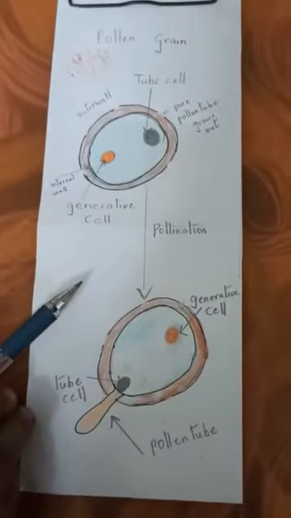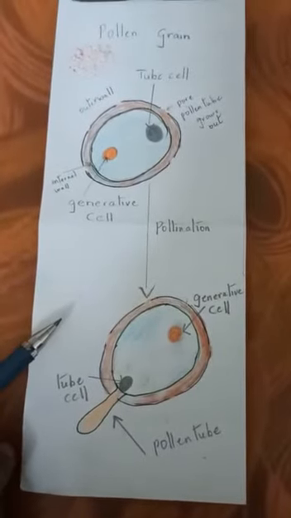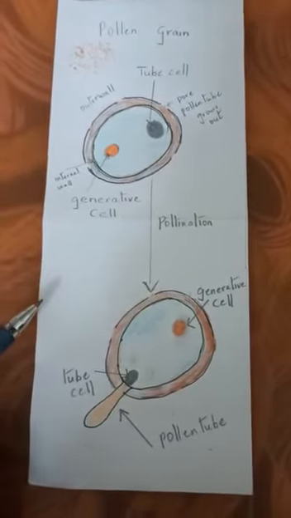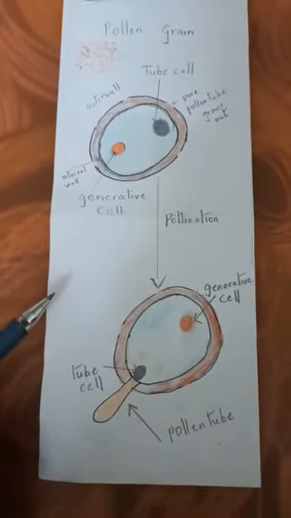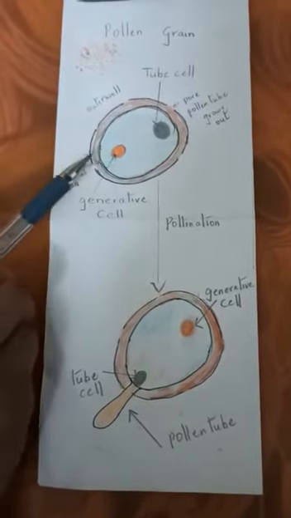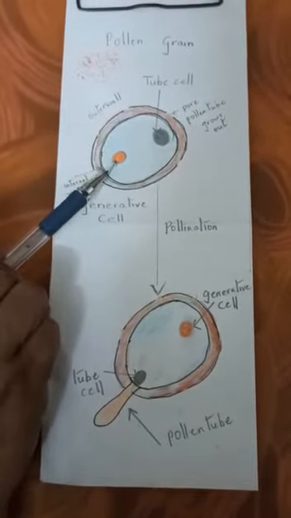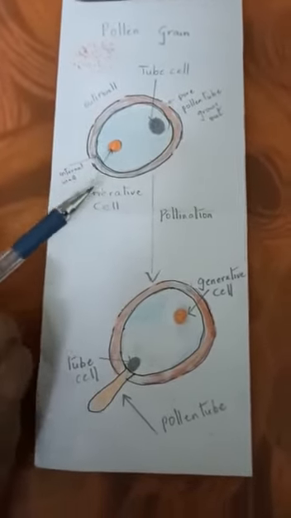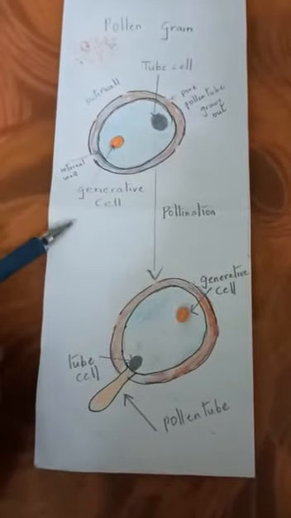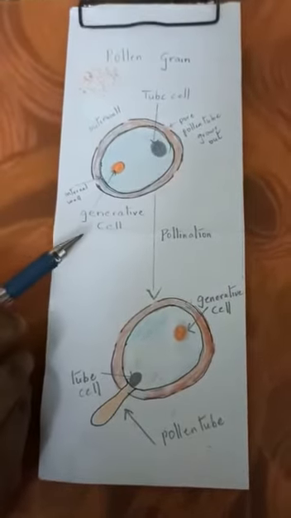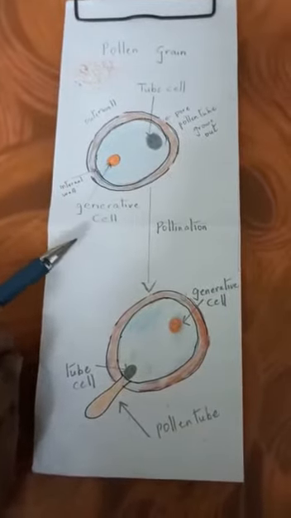To form the pollen tube and the male gametes, the stigma, that is the female part of the flower, has to capture the pollen grain. The pollen grain will land on the stigma with the help of wind, water, insects, birds or bats.